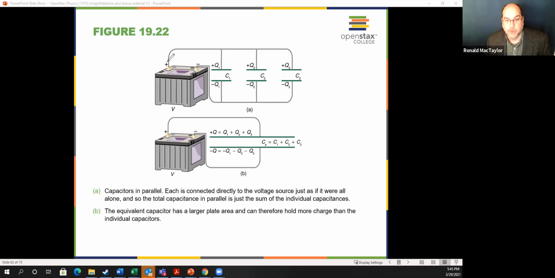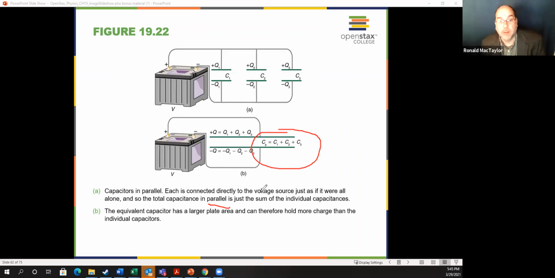When they're parallel to each other, each capacitor sees the full voltage of the battery, even if it was there all by itself. And so when you put them together, with my weird 5 farad capacitor, it would be 5 plus 5 plus 5. That would be 15 farads of total capacitance if I have 3 capacitors hooked up in parallel.